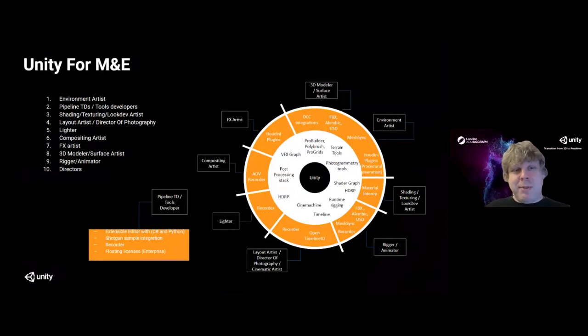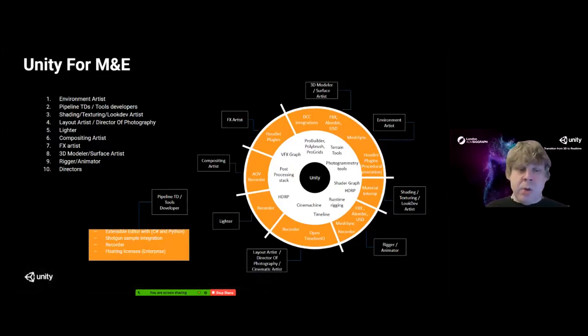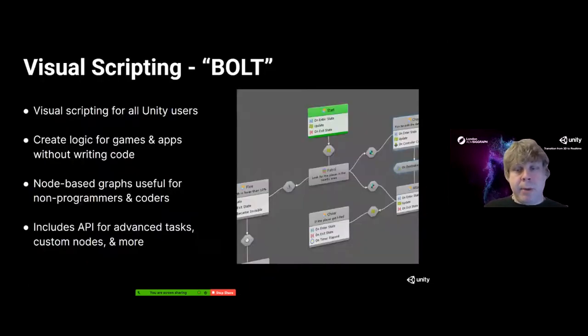I put the different things here, like environment, pipeline TDs, shaders, layout, lighting, compositing, effects. I put the tools for you, like what are the tools that would work in your industry, like for effects artists, VFX Graph, and so on. So we'll take a look at all the cool stuff that I think people from a film or television background would be really excited about.